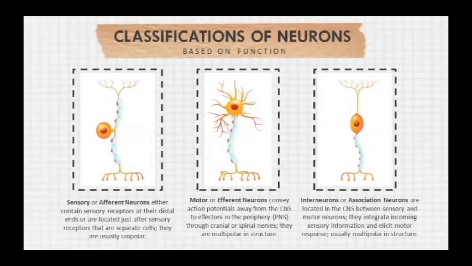They either contain sensory receptors at the distal ends or are located just after the sensory receptors, or are separate cells, and they are usually unipolar.